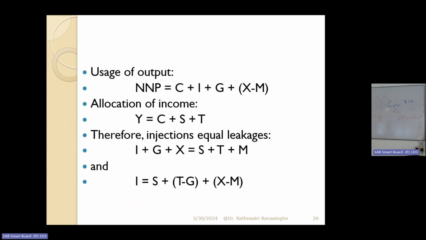This is the investment. In a simple economy, I equals S. Can you remember that?